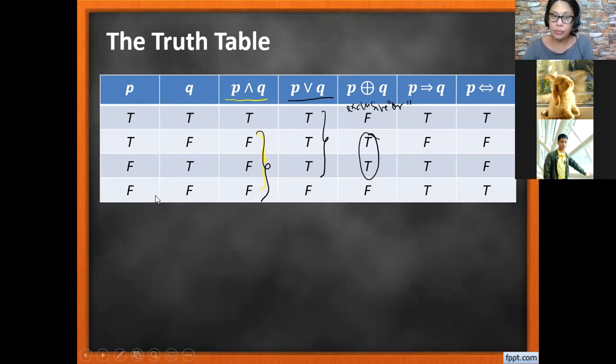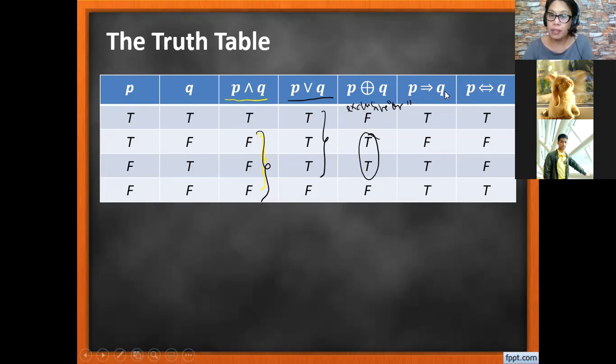Also, if the premise is a false statement, whether the conclusion is true or false, then we can accept if P then Q to be a true statement. So you just have to remember that if P then Q will be a false statement if the premise is true and we come up with a false conclusion.